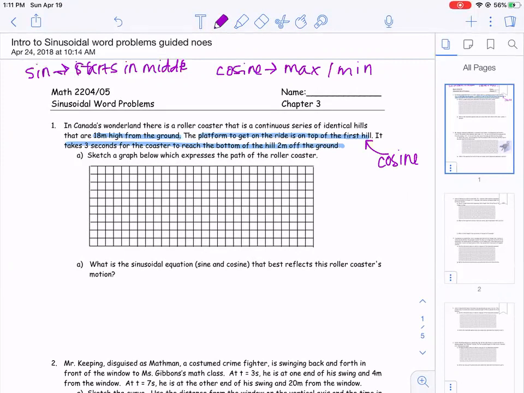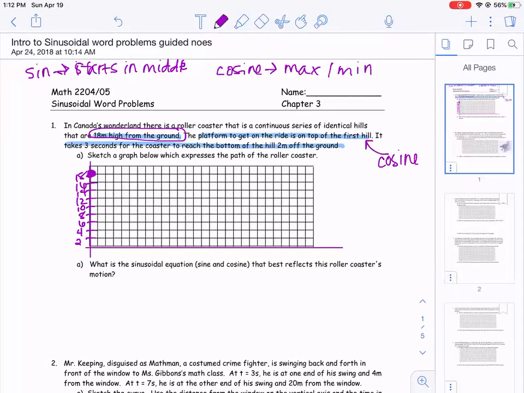The top of the hill is 18 meters from the ground, so it starts right there.